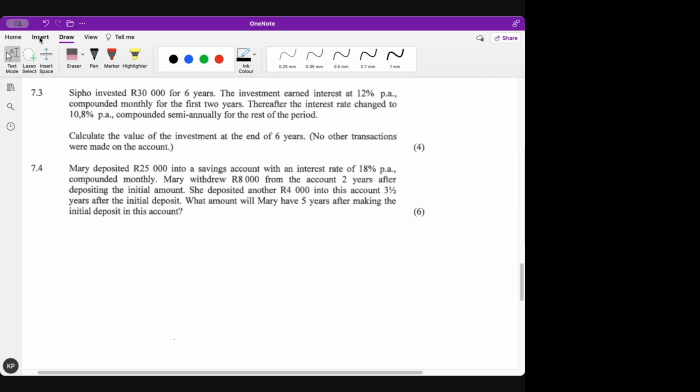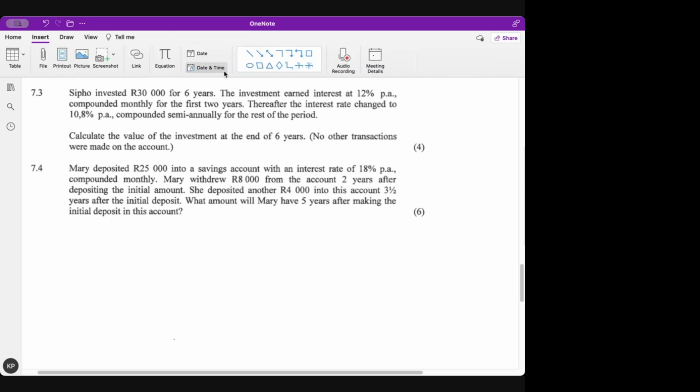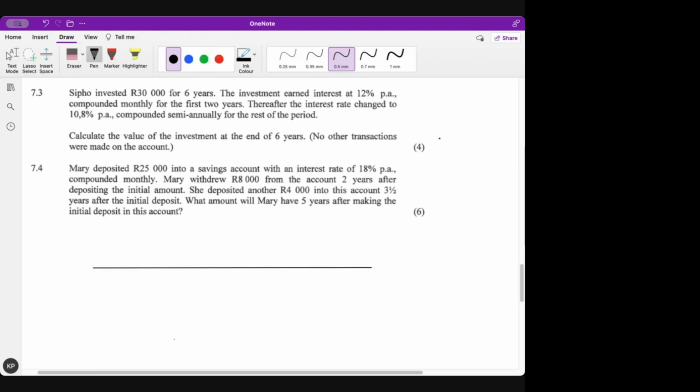Okay, so we could say relatively this is simpler than the ones that we have done so far, considering there is no withdrawal. There's basically one calculation, if I could say. So this is 7.3, and this is 6 years again. T0 to T6, 1, 2, 3, 4, and 5.